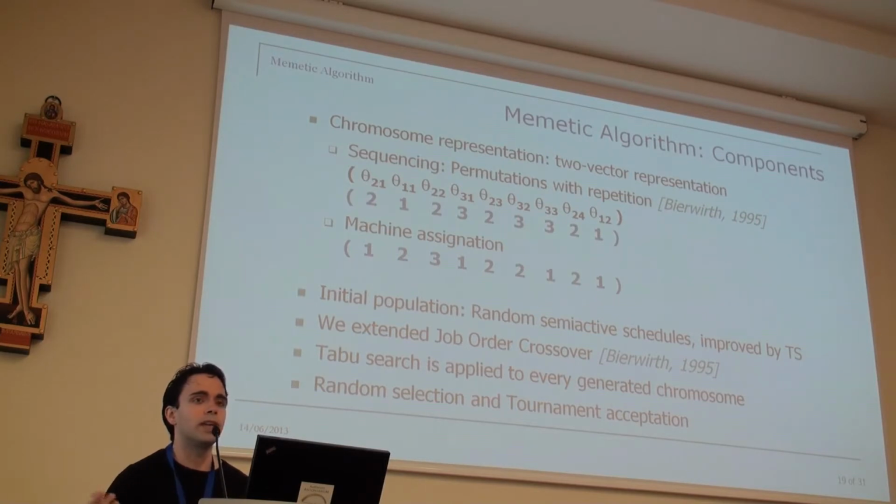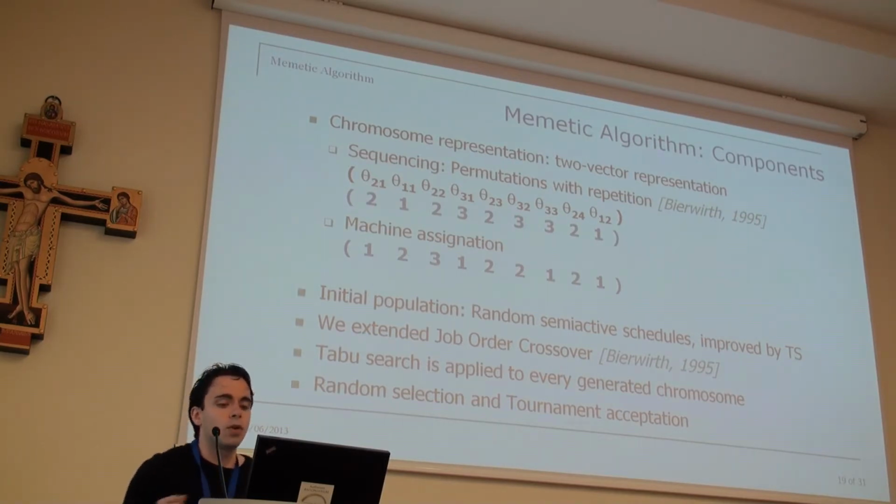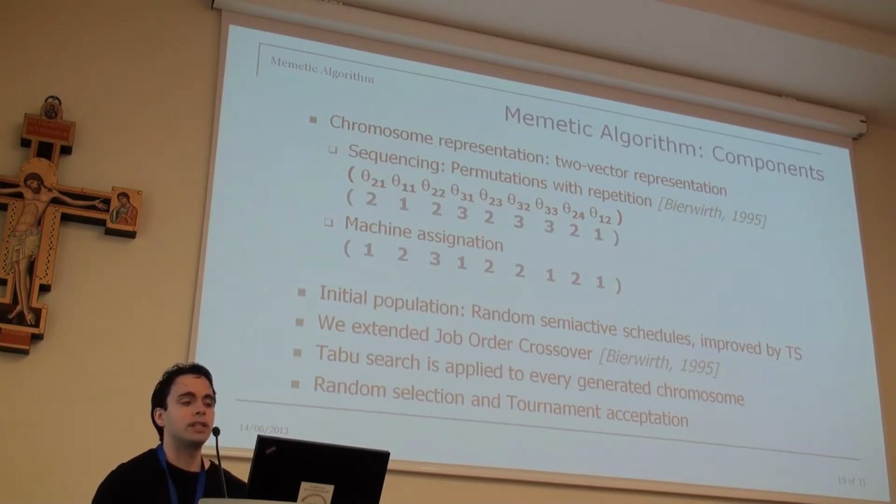Hopefully, along the generations, the solutions are going to be better and better over time. For chromosome representation, we use the two-vector representation, which is typical in the flexible job shop. One vector for the sequencing subproblem to indicate the ordering of the tasks, and one vector for the assignation subproblem to indicate which machine for each task.